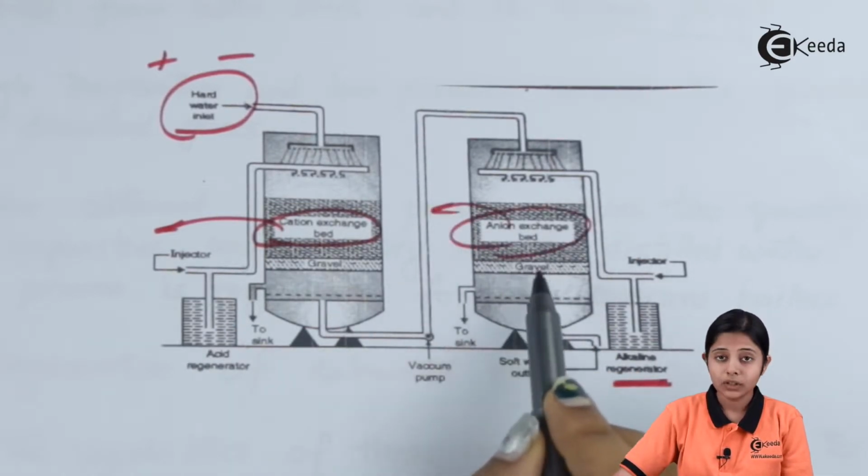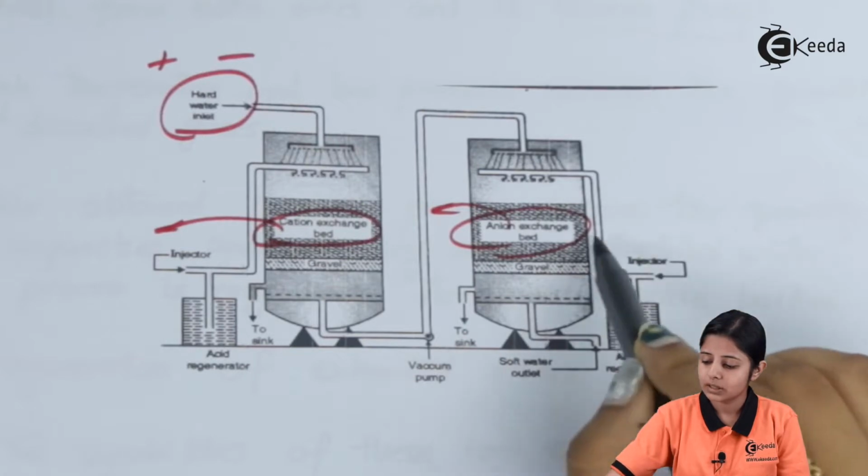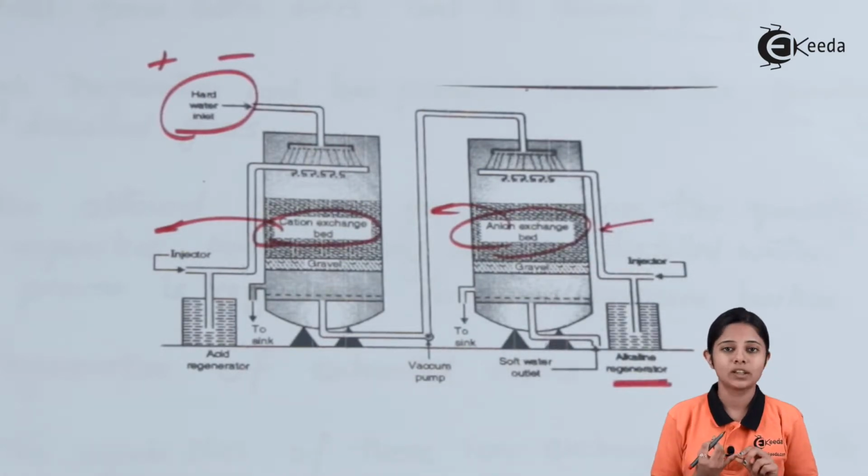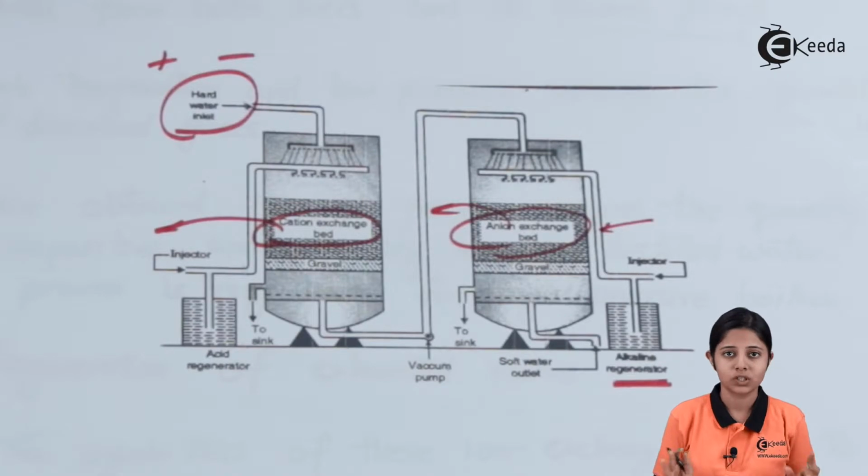After that, the water which I get out is known as deionized water or ion-free water or demineralized water. That means that water is free from all the ions, the positive ions as well as the negative ions. But we should understand that not only minerals but also gases contribute to the hardness of water.